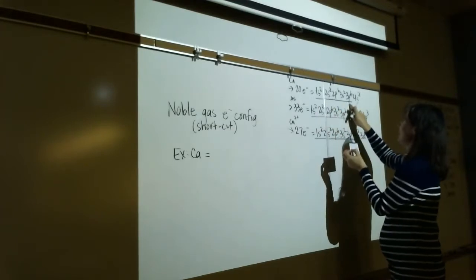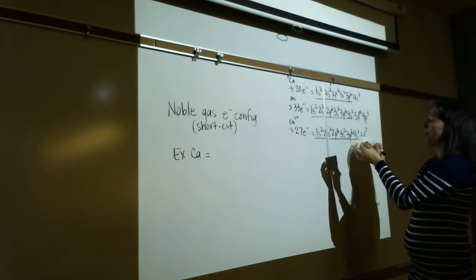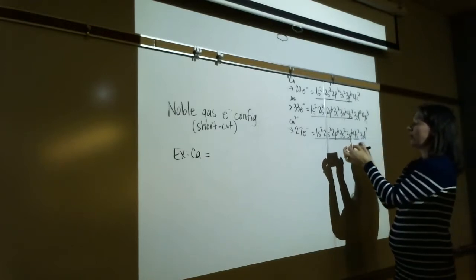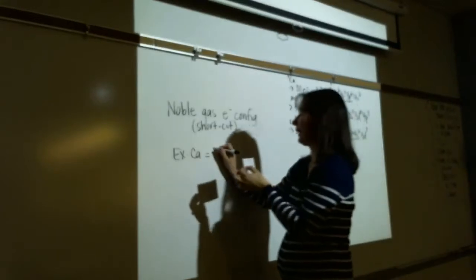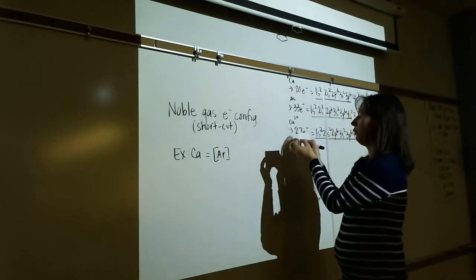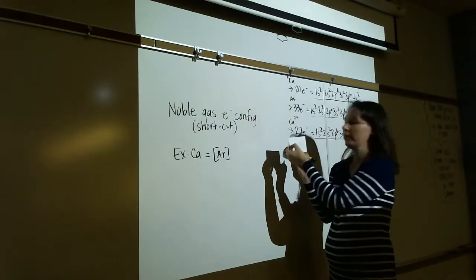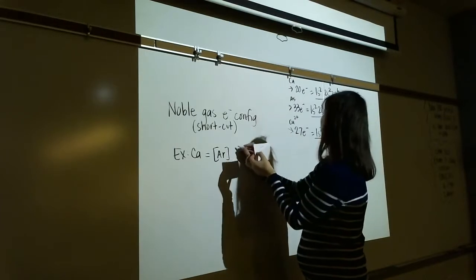Argon is 18. So that completely fills all the rows above it. So if we just write argon in brackets, now all I'm responsible for are the leftovers in my particular row. So it'd be argon 4s2.